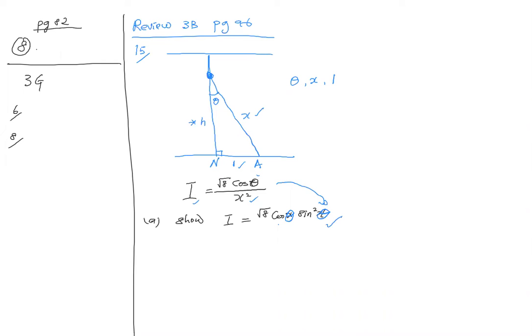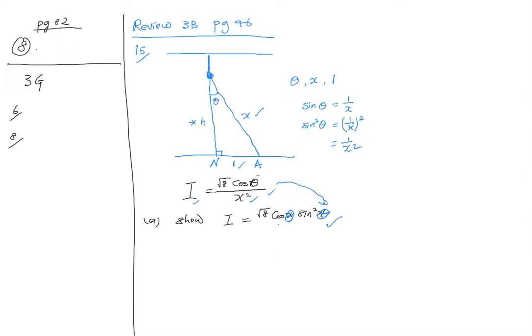Sine theta is 1 divided by x? Okay, sine theta, correct, you're right. 1 divided by x. So sine squared theta will be 1 over x squared, correct? It's exactly here.